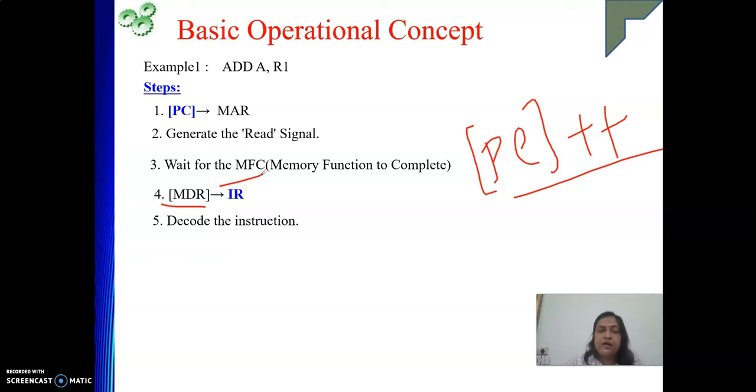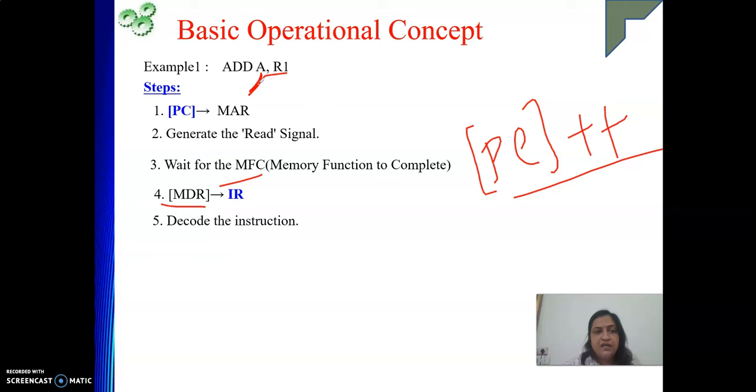After decoding, we come to know that we need to perform a memory operation to execute our instruction. Yes or no? So we need to perform one memory operation. What operation? Read operation, because we need to get the data whose address is A from memory. We need to get the data from memory whose address is represented by the symbolic name A. Understand?